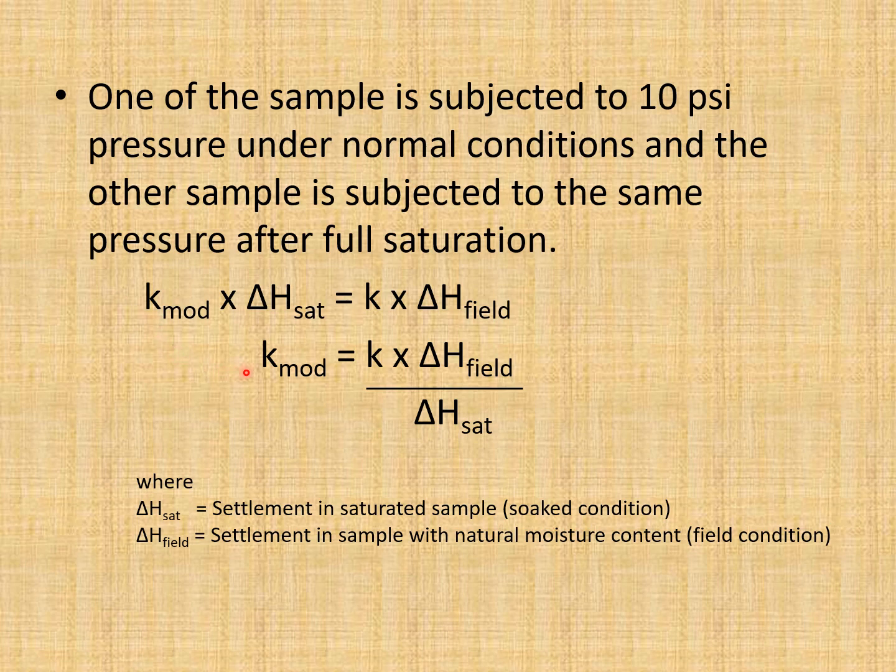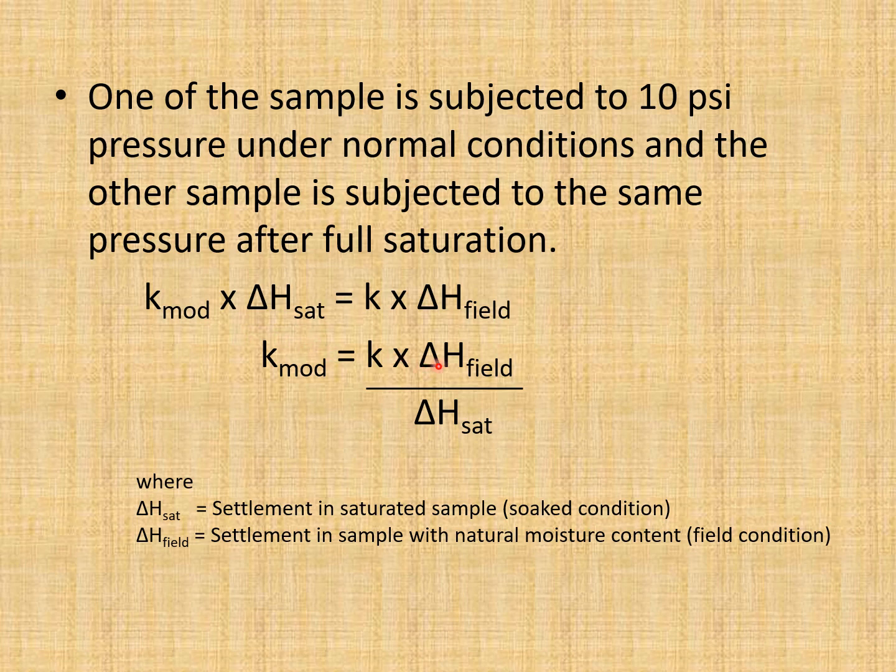So K modified, or the modified value of the modulus of subgrade reaction corresponding to the worst condition, is equal to this. Here K is the modulus of subgrade reaction corresponding to normal condition, and K modified is the modified value corresponding to the worst condition.